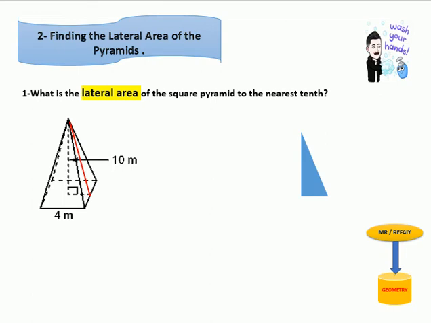Here, the base of it will be 2, exactly half of this side. And the height here is 10, so we can get L right now. So here, L power 2 is equal to 10 power 2 plus 2 power 2, which equals 100 plus 4. So L equals root 104, which is 2 root 26.